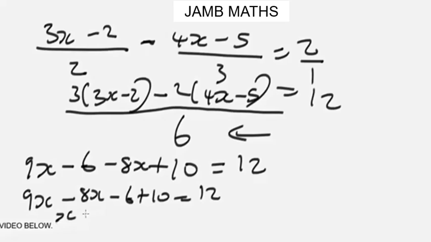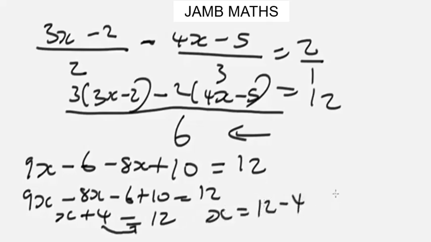We're going to have x plus 4 equals 12. So to make x the subject of the formula, this 4 will cross over the positive sign and change to negative 4. So x will be 12 minus 4, which will give us 8. And that will be the answer to this problem.